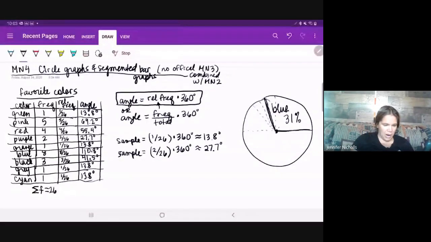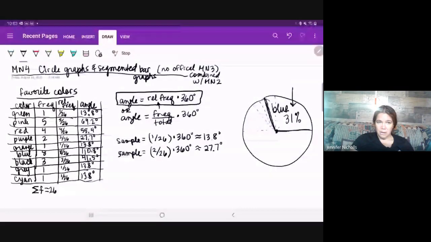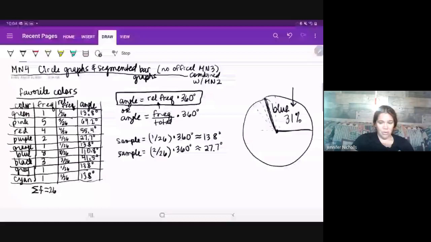Now, do you guys know where I got that? So how did I get this percent? Anyone know how I got the percent? Because that's not the angle. The angle was 110 degrees, but normally people don't put that. They just protract it.